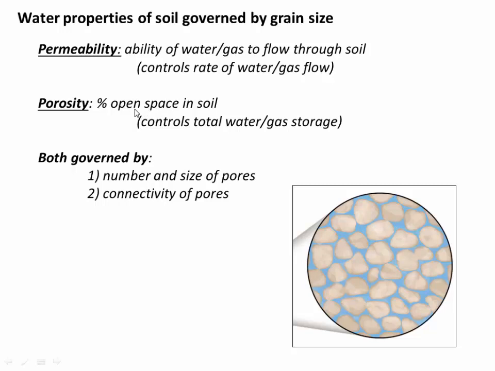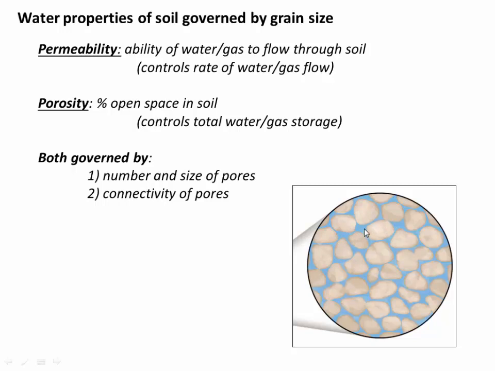And so the porosity really controls the total amount of water and gas you could actually store. Both of these properties, permeability and porosity, are controlled by the number and the size of pore spaces and the connectivity of pores. And so pores, I didn't mention, are actually open spaces between the grains of a soil, okay?